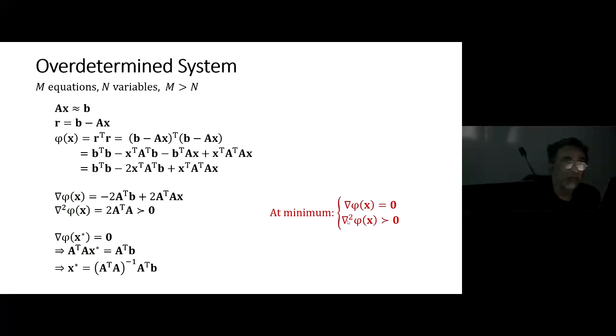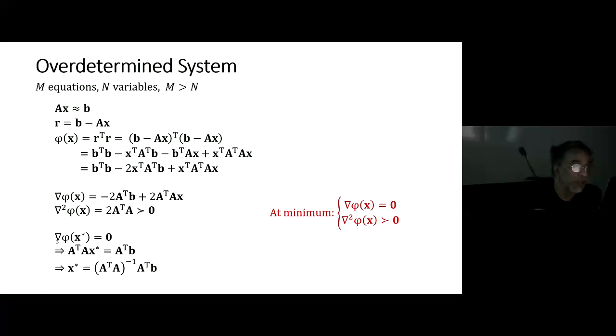Now, at the minimum, this is what we should have, right? This is simple minimization. At the minimum, the first derivative is 0, and hopefully the second derivative is positive definite. The second derivative here is positive definite. A transpose A, we learned from Cholesky decomposition in the last lecture, has to be positive definite. And so we have to take care of the first derivative being equal to 0 and solve for x.